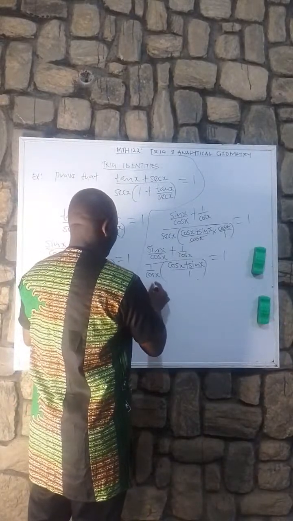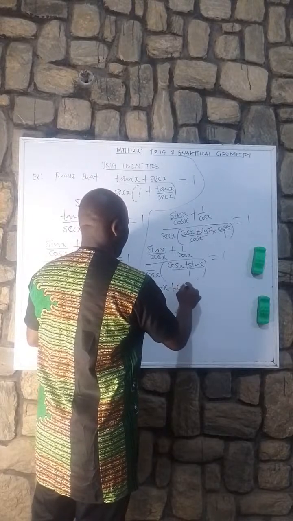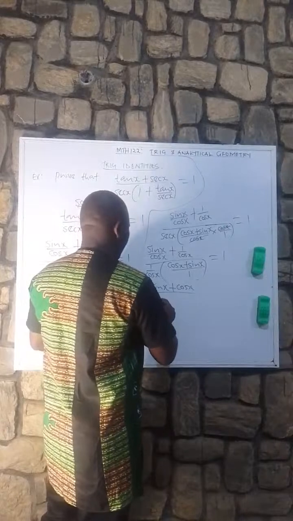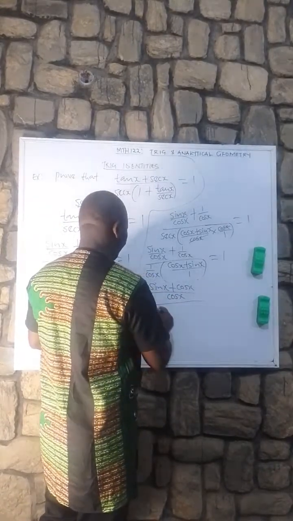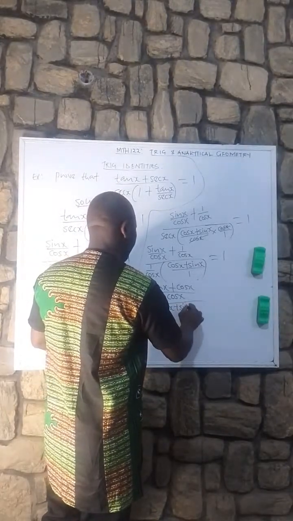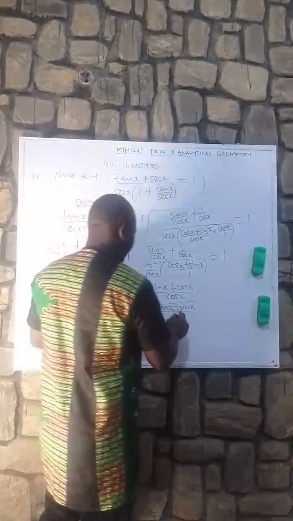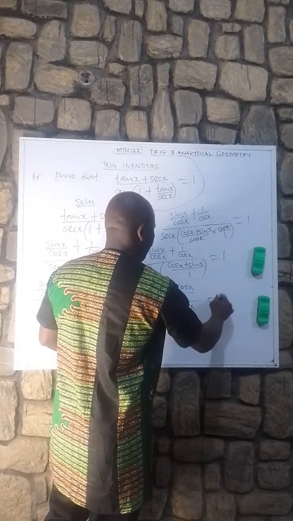So the LCM will now be sine x plus cos x all over cos x, true or false? Then all over cos x plus sine x all over, if you multiply out this bracket, cos x, which is equals to 1.